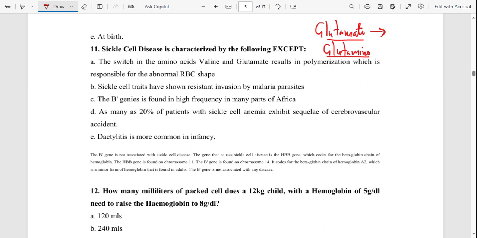Now, what happens is that in sickle cell anemia, you have got these so-called sickle red blood cells. But what causes the problem is a precipitating factor. Some of the precipitating factors include things like hypoxia and dehydration. In such conditions, the hemoglobin S cannot withstand those conditions.